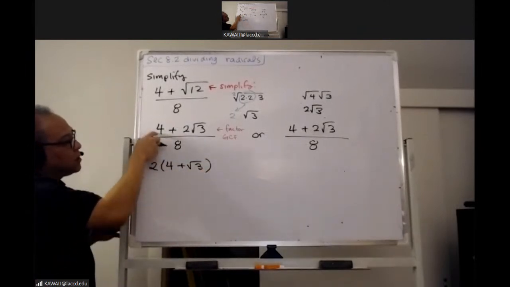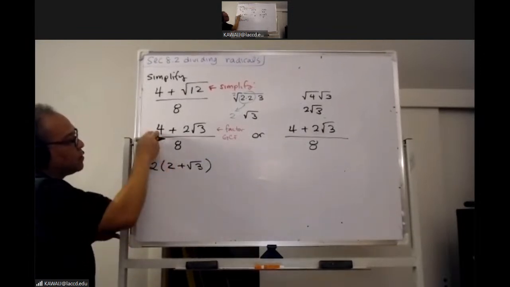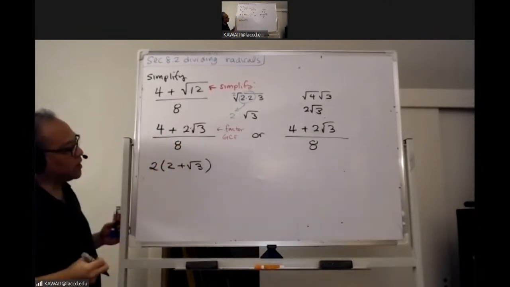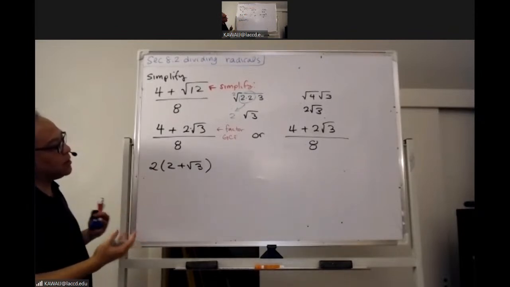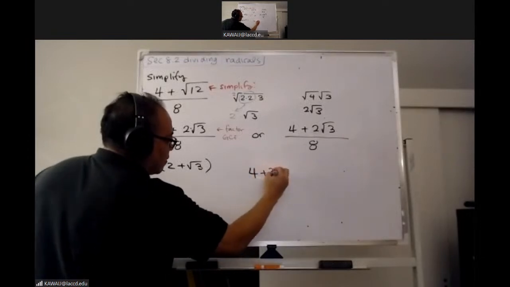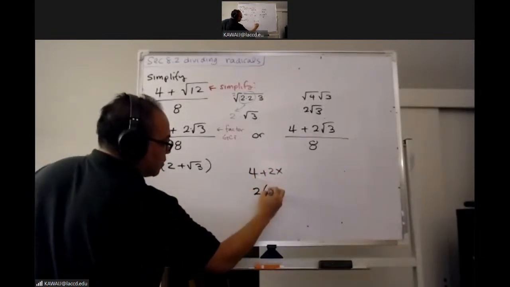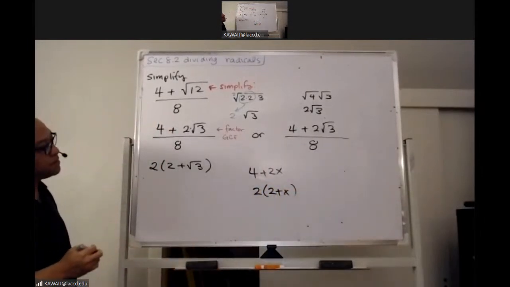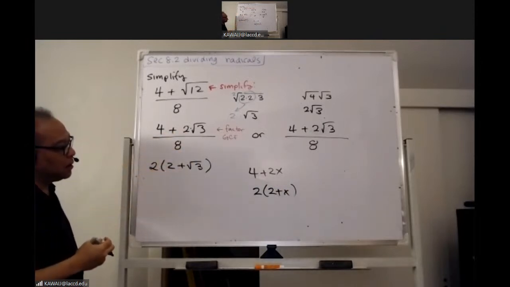This times this turns into 4. 2 times square root of 3 is, right? There's a multiplication there. So you go, what number divides into 4 and 2? And the answer is 2, right? Just like if you had something like this, and I asked you to pull out the GCF, you go, oh, 2 plus x. It's the same thing, except we have a square root of 3 instead of the x.